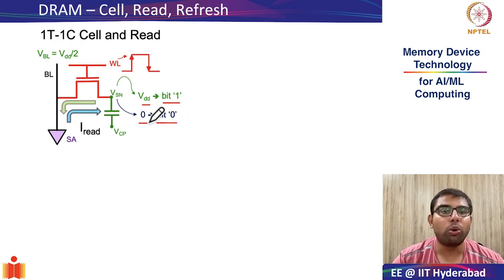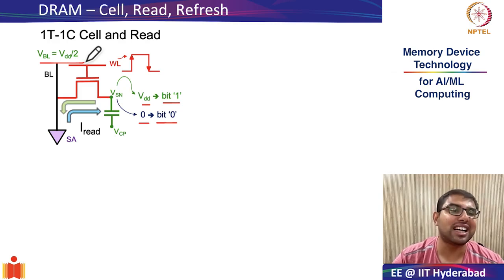Also, we saw what is the mechanism of read in the DRAM cell. What you effectively do is you pre-charge your bit line to VDD by 2. What was the reason for pre-charging it to VDD by 2? It is very simple. If the stored value was VDD or bit 1, there will be a discharge because of positive gradient from the storage node to the bit line.